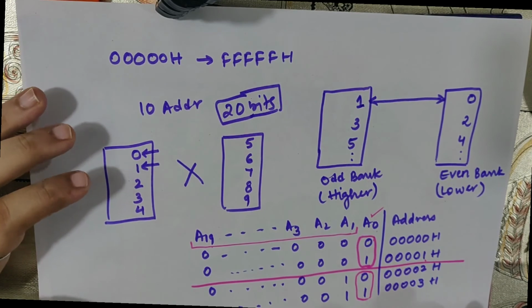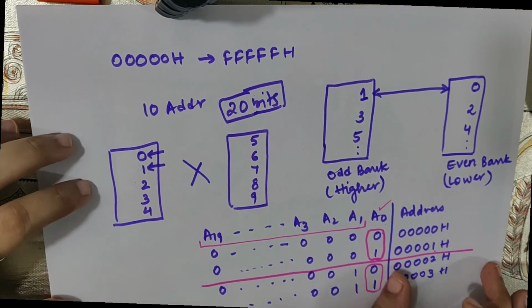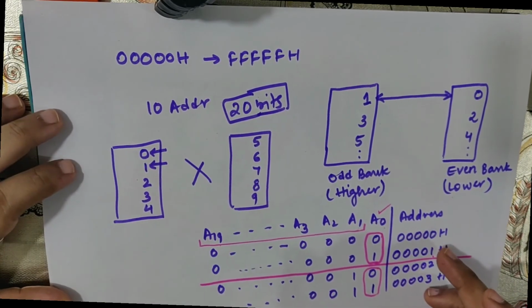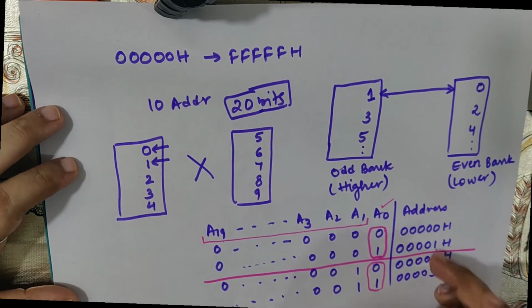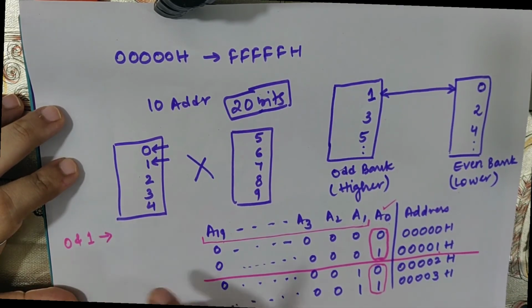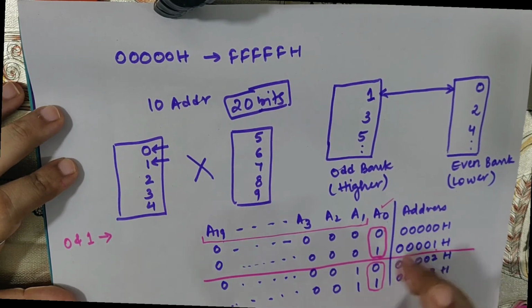Okay, now there is one more concept of aligned data and misaligned data. If I see addresses 0 and 1, they are consecutive addresses, so I can access them together.